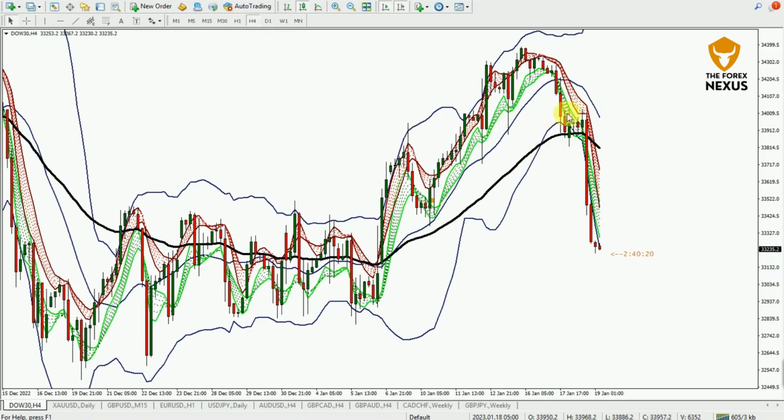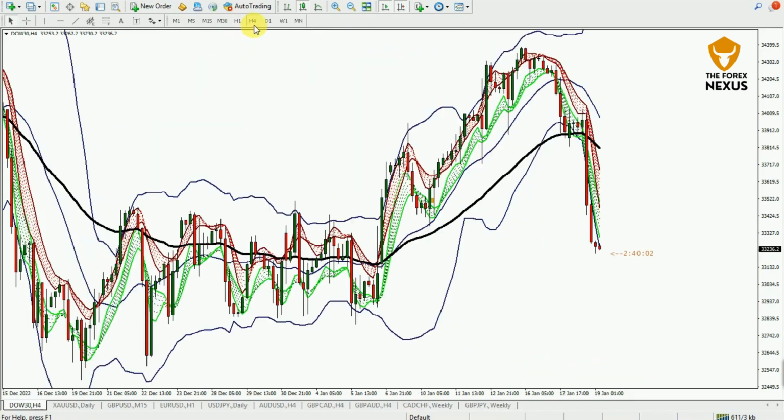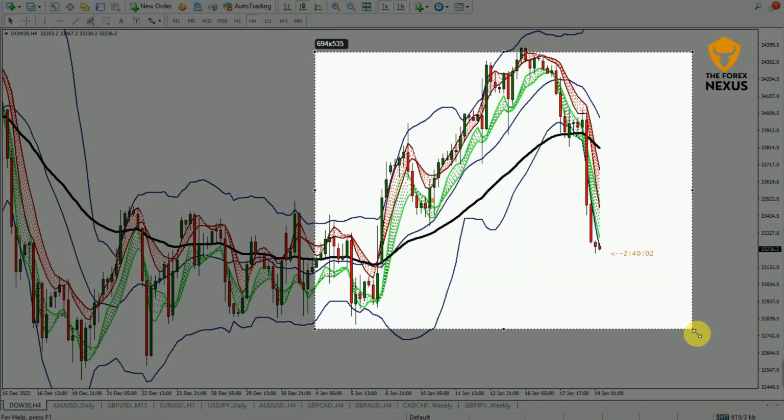On the H4 time frame we got extreme. On the H1 time frame we got extreme plus MHV, but why it dropped, this is a big question. If you can see here on the H4 time frame, the market made a CST.